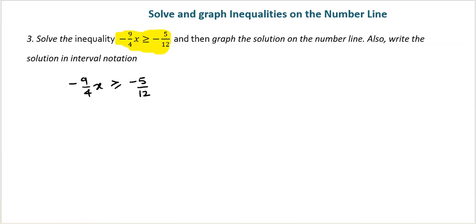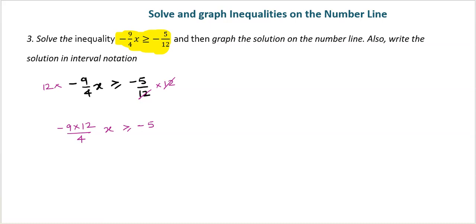Now since you don't need 12 here, what you do is multiply both sides by 12. So what happened? This 12 and this 12 get cancelled. On the left side, you are left with minus 9 multiplied by 12 divided by 4, x greater than or equal to minus 5. So here this fraction is gone.